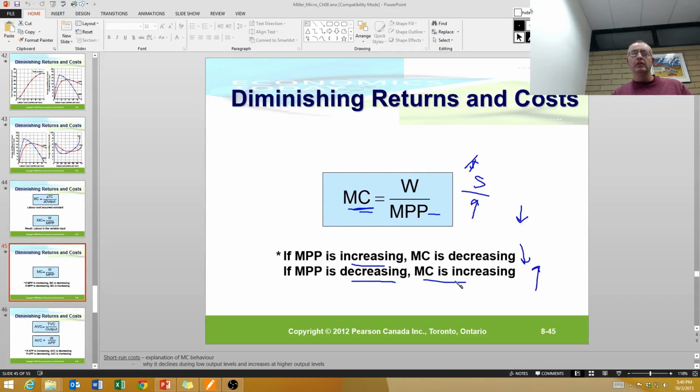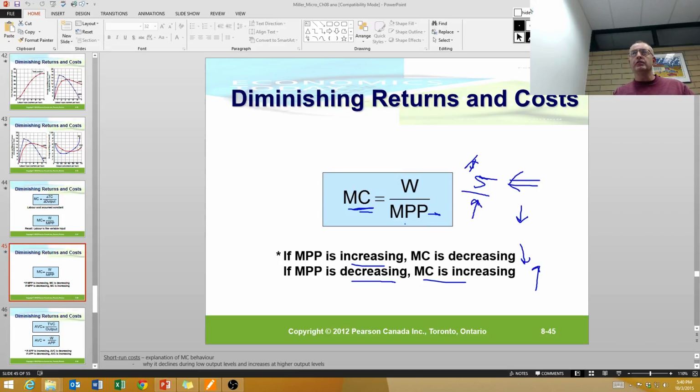And so we can see, just by playing around with a number here, or just imagining what the denominator is, when our wage rate is fixed, when our per unit input price is unchanged at $5, that the marginal cost is going to decrease and then increase as we vary the marginal physical product.